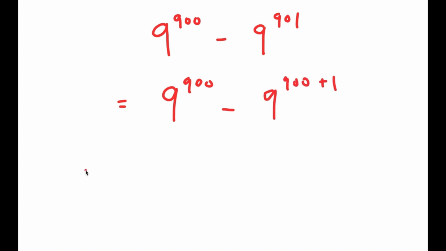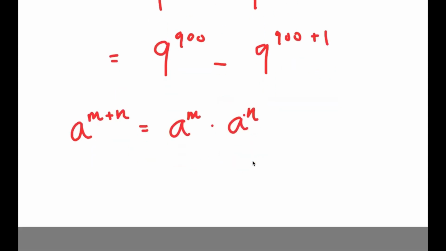And now I can use the exponential property a to the power of m plus n is equal to a to the power of m times a to the power of n. So I get 9 to the power of 900 minus 9 to the power of 900 times 9 to the power of 1.